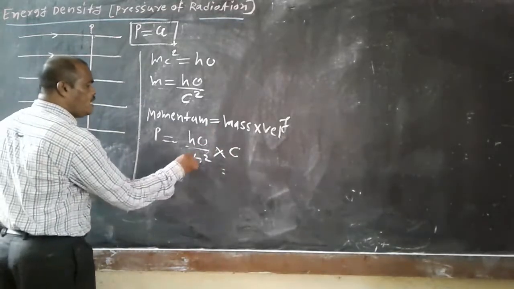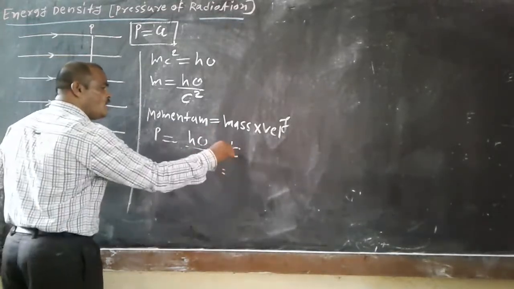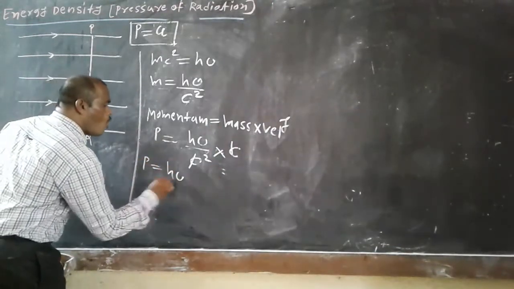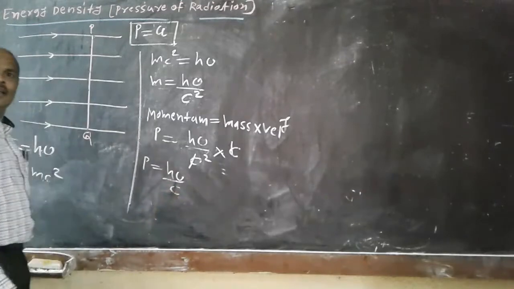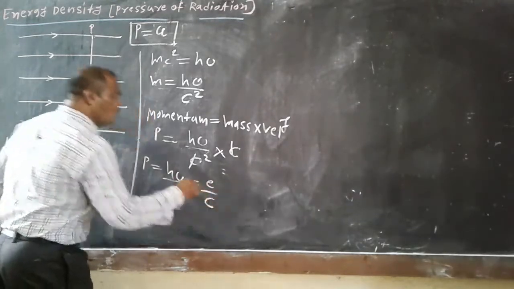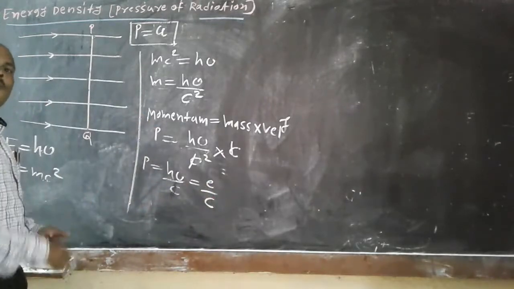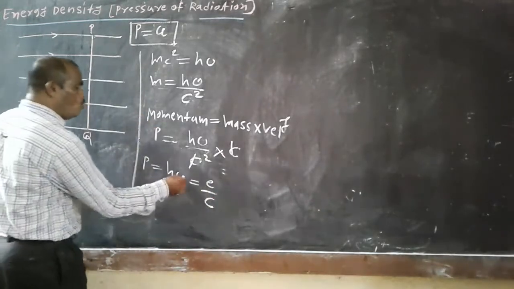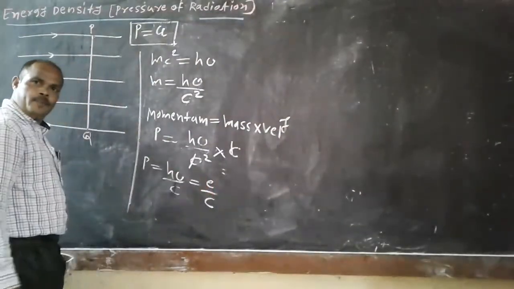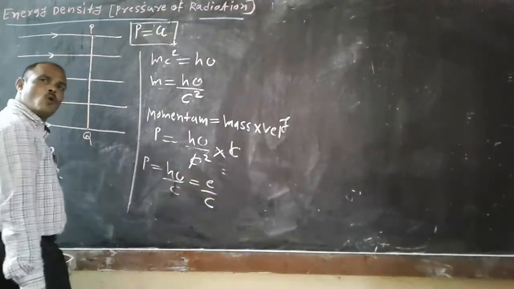Then one c gets cancelled with the other c, and we get momentum of the photon h nu upon c, that is equal to E upon c. Here h nu equal to E, the energy of the photon.